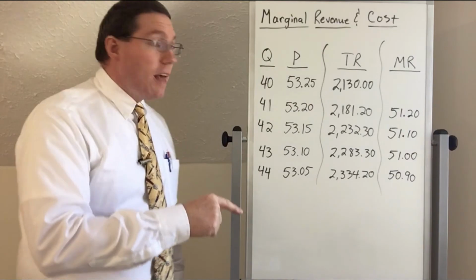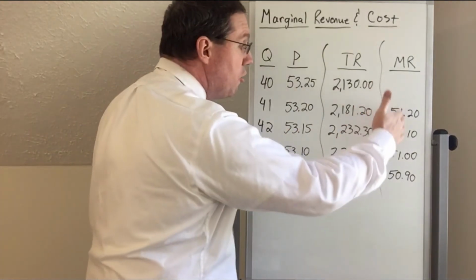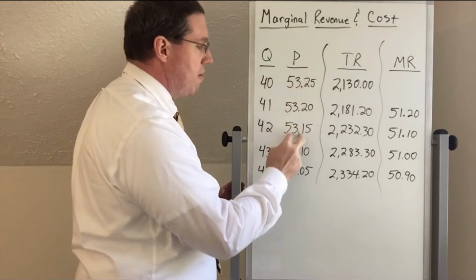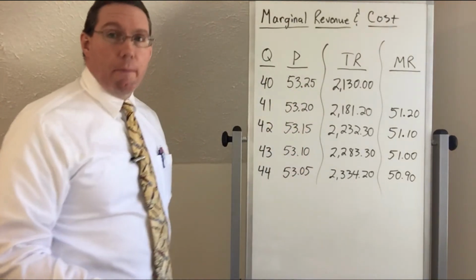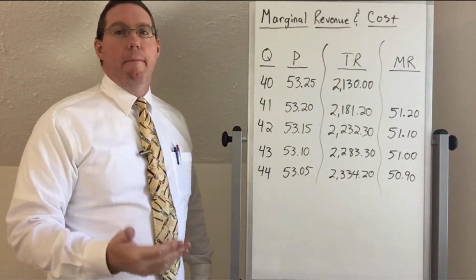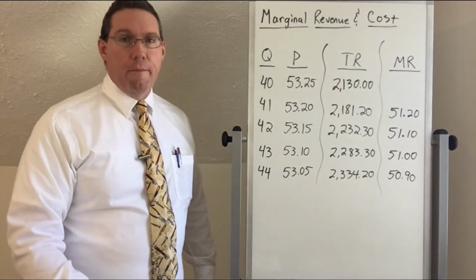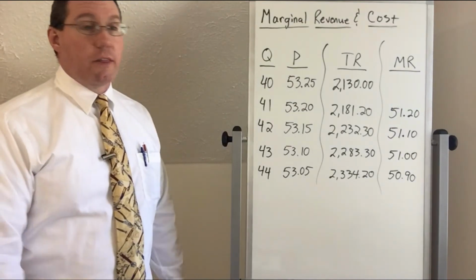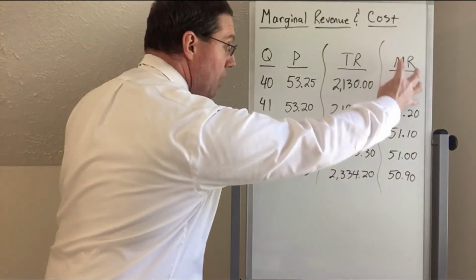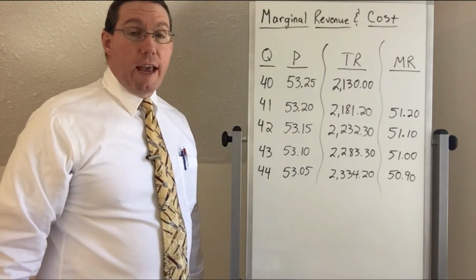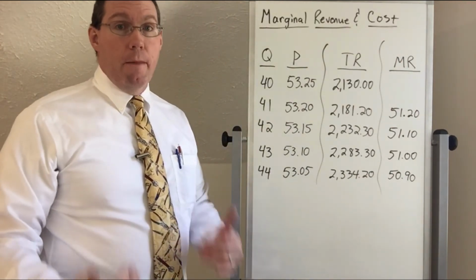Now, why is that happening? Mathematically, the reason that the marginal revenue is decreasing is because the price is decreasing. And the reason the price is decreasing is because we can't get people to come in and buy more stuff unless we lower our price. And so you can see in here that the law of diminishing marginal benefit is loaded right into the problem of scarcity faced by a business.